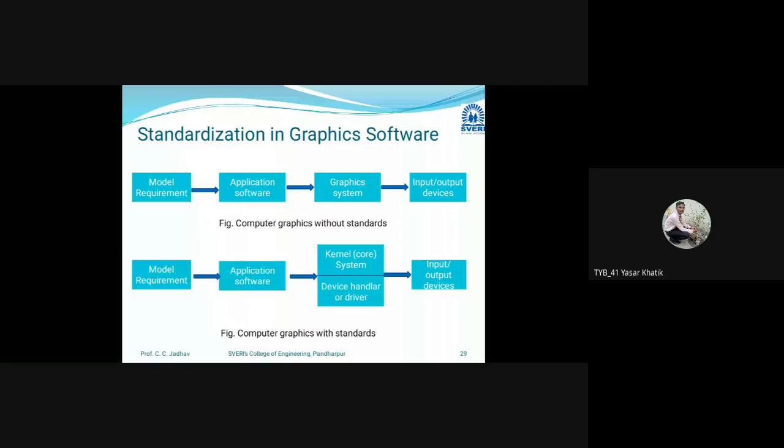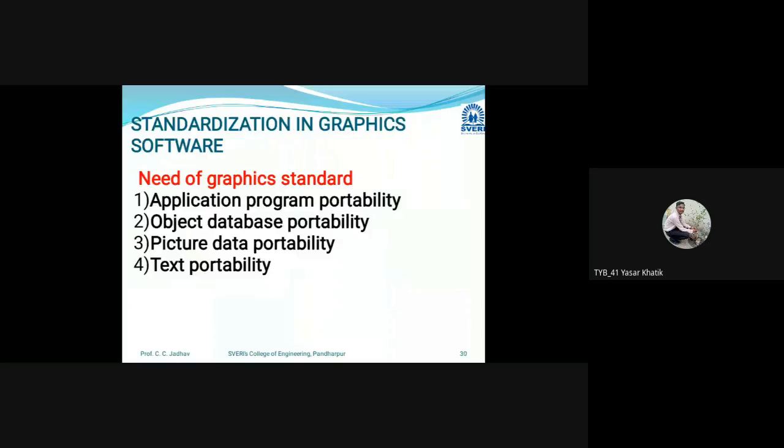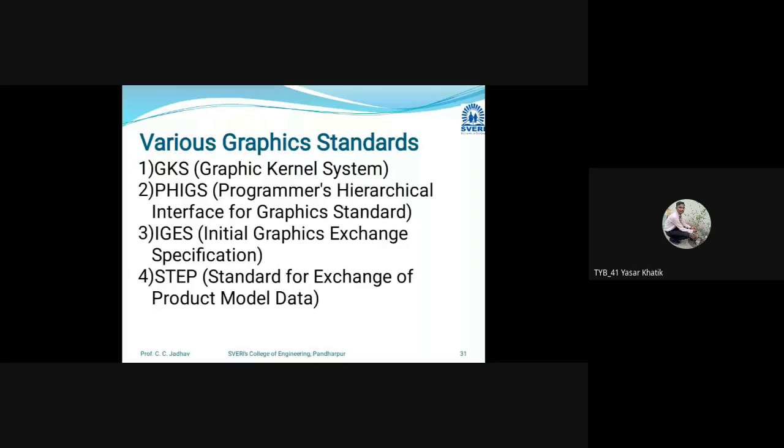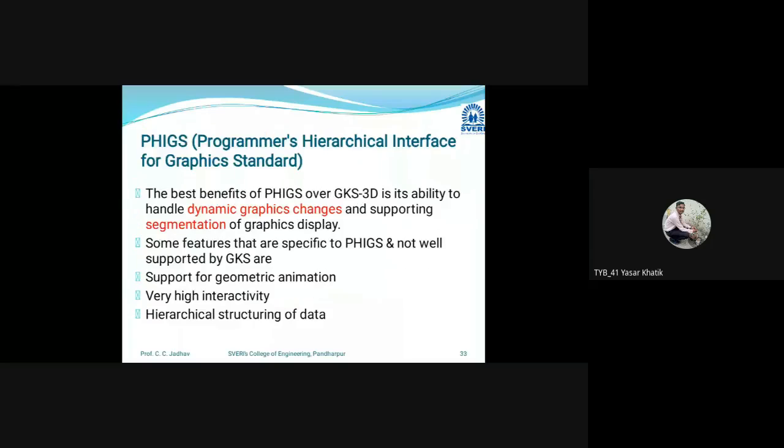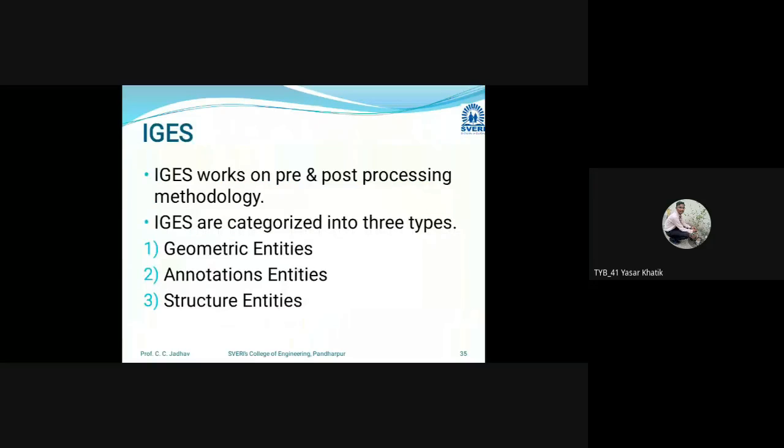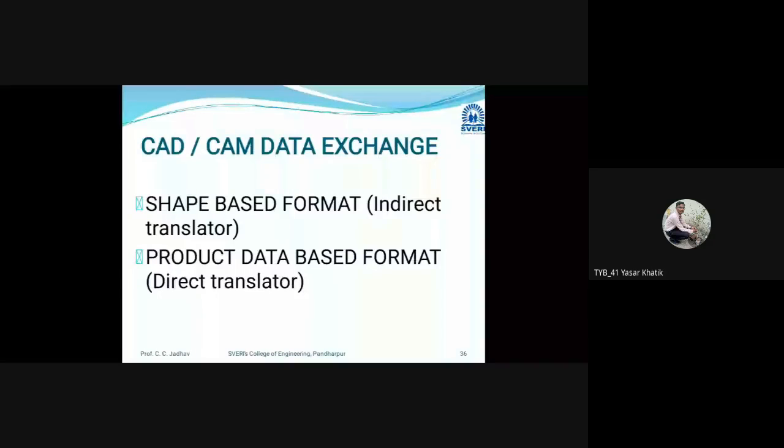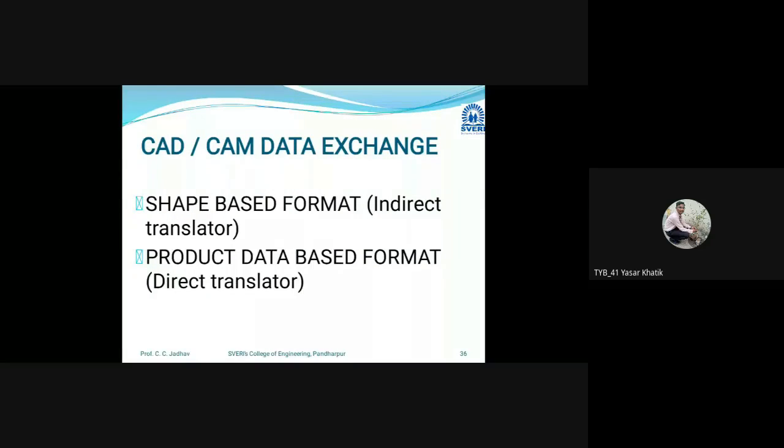Then the standardization of graphic systems, with standardization and without standardization. Then what are the basic functions or basic needs for that standardization. Then various graphic standards like GKS, PHIGS, IGES, STEP. In that we have seen that IGES is one of the most widely used formats for current CAD/CAM systems. Then the next important part of the first part, that is CAD/CAM data exchange.